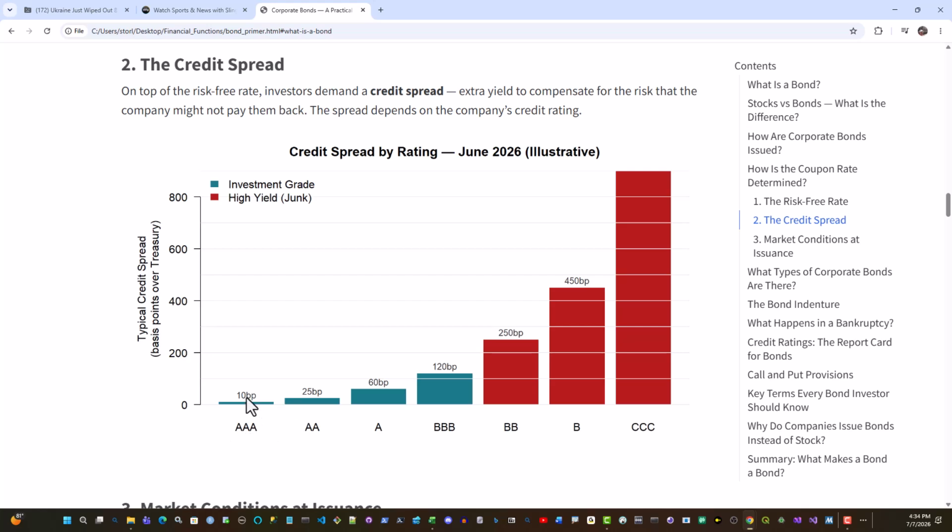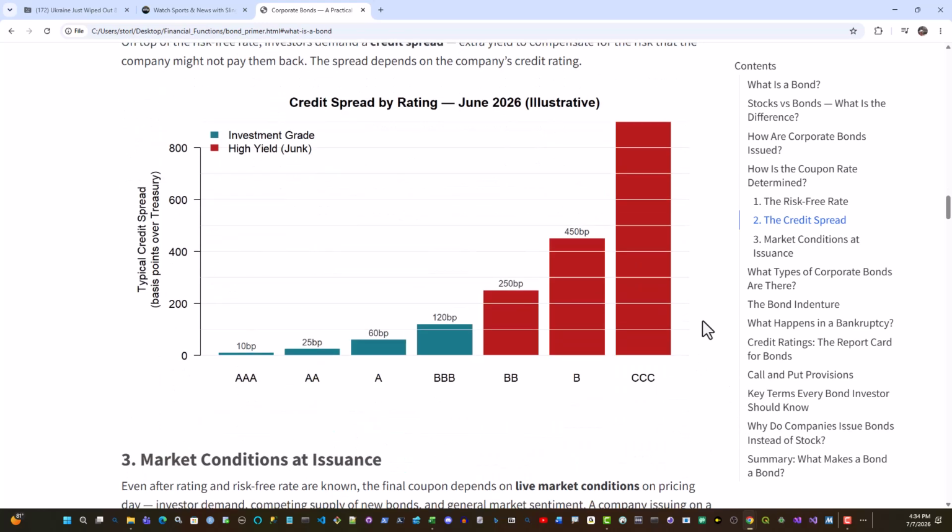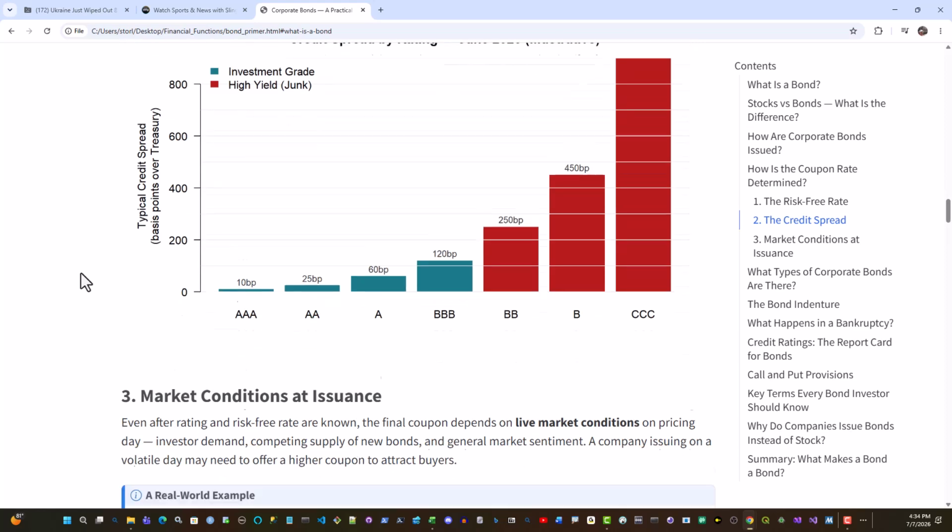But what happens then is you might add only 10 basis points. Now, what is a basis point? There are 100 basis points in 1%. So when you add 10 basis points to the risk-free rate, you're basically adding 1/10 of 1% to that risk-free rate. As the quality goes down, you have to add more to attract investors. And that's what this illustrates. These are not legit numbers, but they just give you an idea of how that could potentially work.